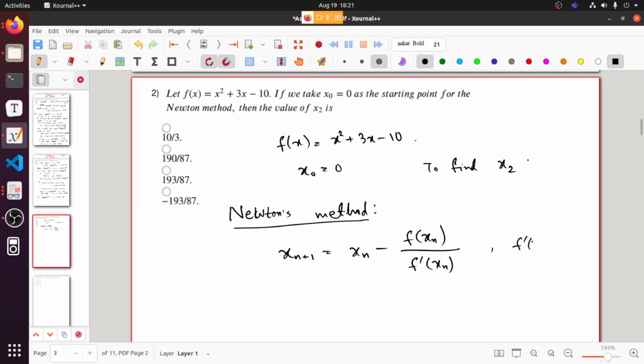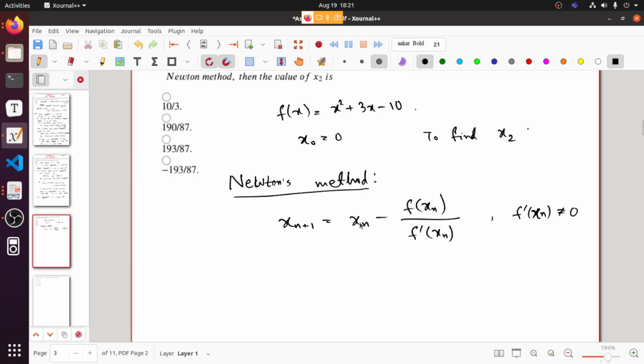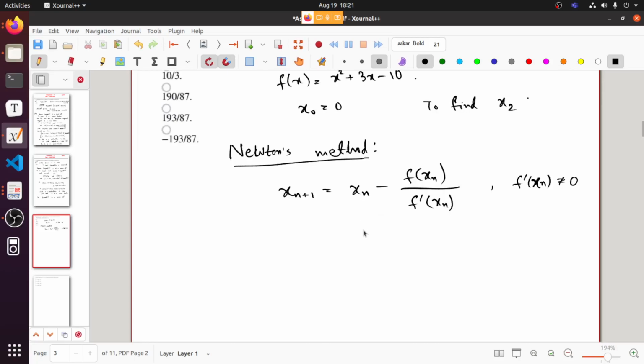Where f dash(xn) should be non-zero. So this is the iterative step for Newton's method. x0 is given, this is the starting point, you have to find x2. So use the iterative process. Using x0 we will find x1, then using x1 we will find x2. So what will be x1?